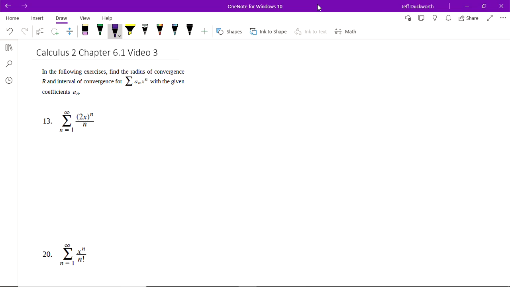I'm going to use the same basic principles that we did before. So let's use the ratio test. You can use the root test as well, but I like the ratio test.